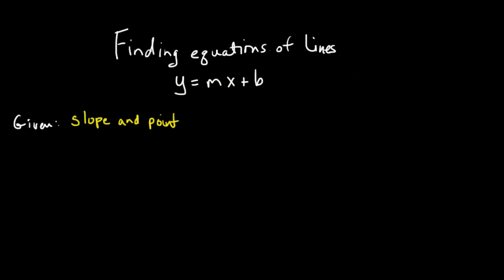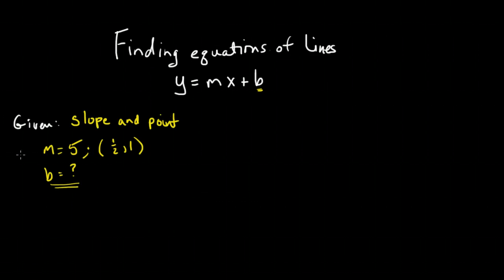In the next example, you're given a slope and a point. So in this case we're given that our slope is 5, and we're given a point, (1/2, 1). But what we don't know here is our b. Once we find out our b, we can then substitute it in, and then we'll have the equation of our line. So we're going to take the rest of this video to show you two different ways of doing exactly that. The first is kind of a brute force method, I think.